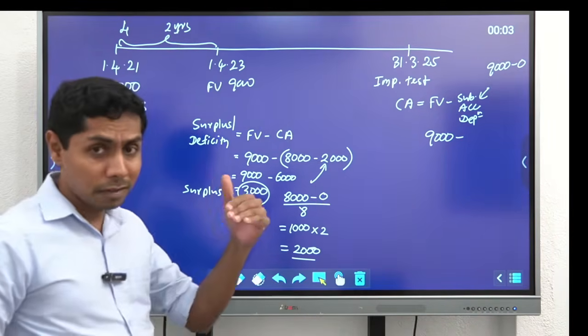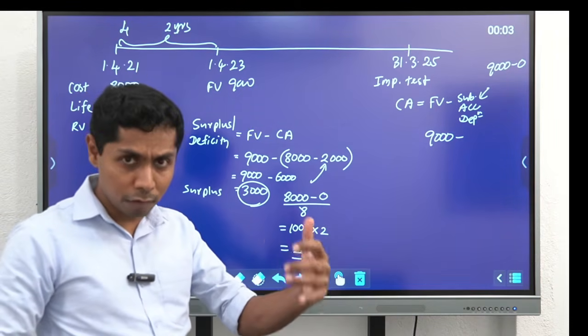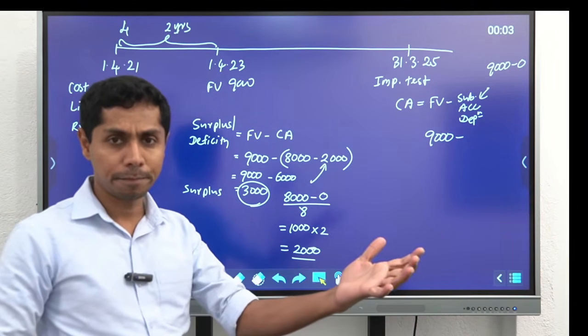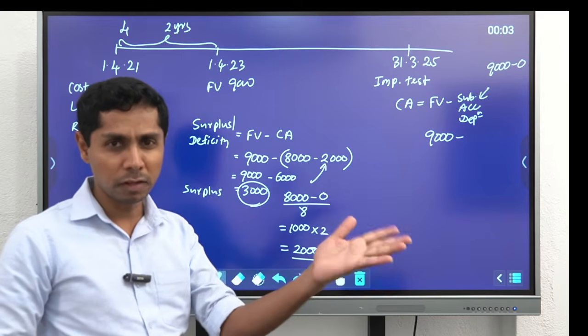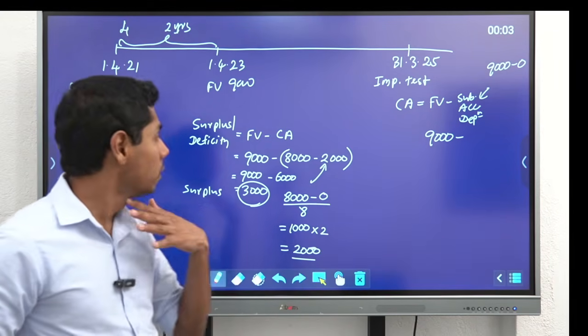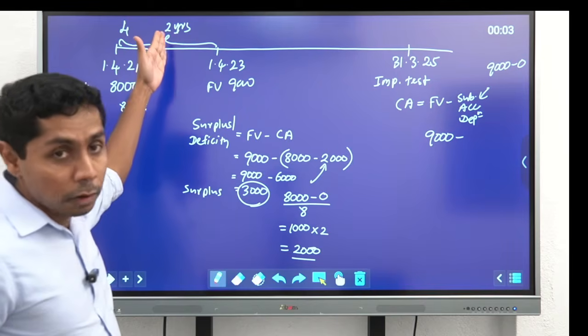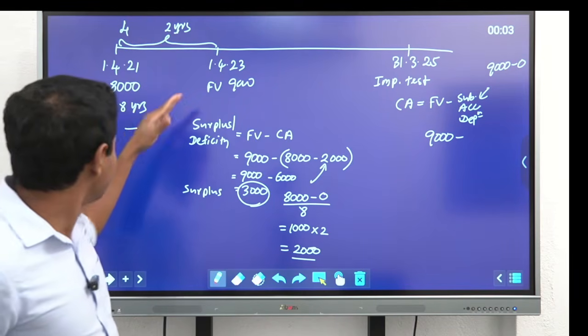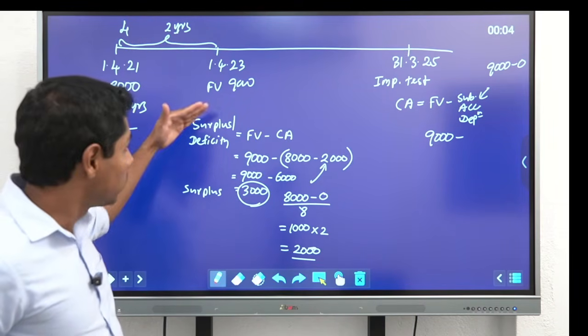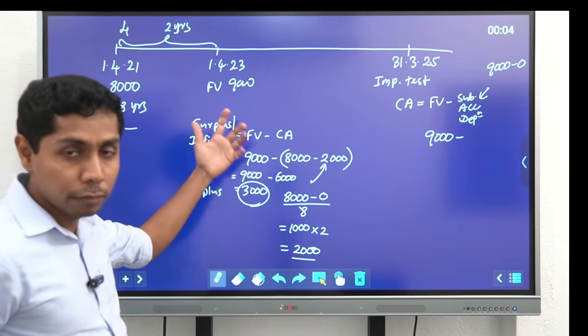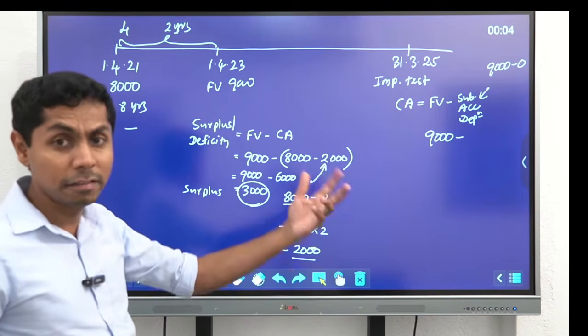Now you know after the revaluation, the asset is depreciated based on the remaining useful life, right? So here 2 years have gone out of the 8 years. They don't say that the useful life has been changed. There are no estimation changes.